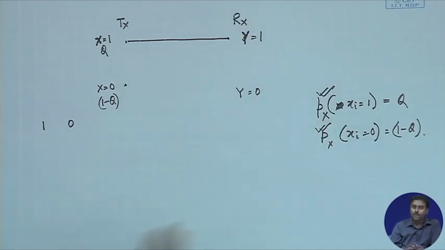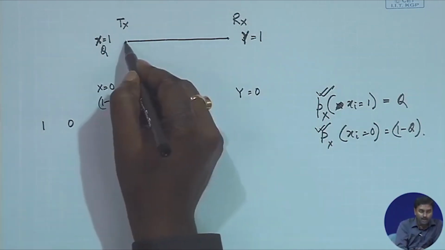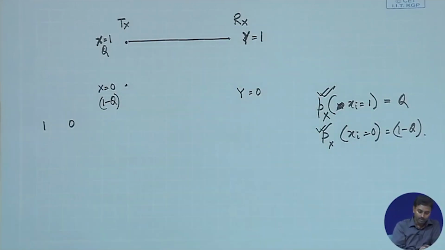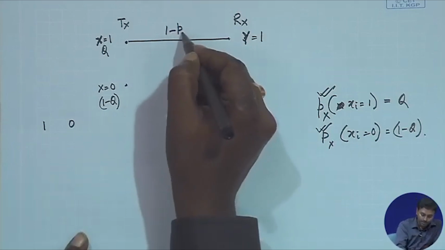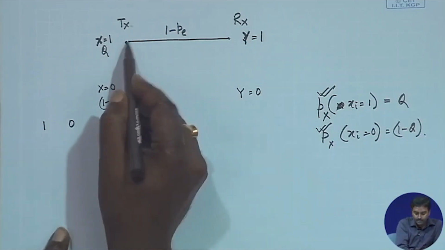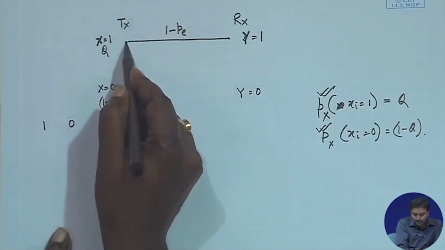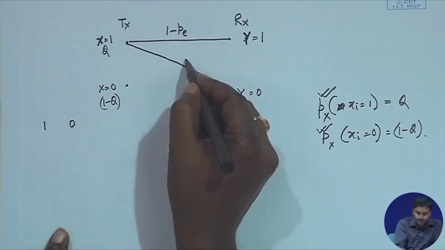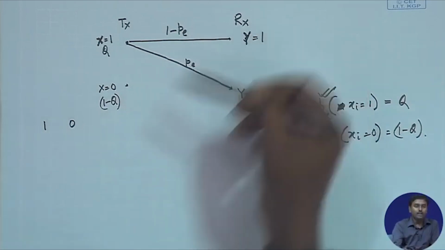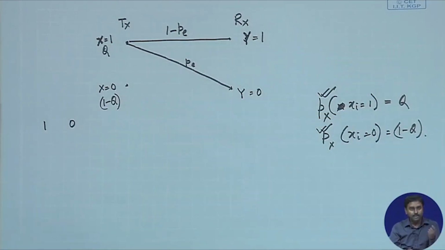Now, because of the channel there might be error. So, that I transmit 1 and the receiver also receives 1, this has a certain probability. So, let us call this 1 minus Pe, where Pe is the error probability. So, immediately I can see that if I transmit 1 and 0 is received, that must have a probability of Pe, because once I transmit 1, there are only two possibilities, that either I will be receiving 1 or I will be receiving 0.